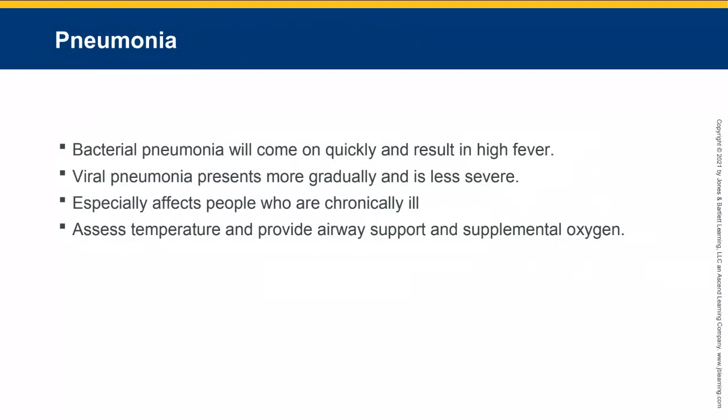Now, pneumonia. Pneumonia is basically not necessarily a bacteria. It can be bacteria, it can be viral, it can be fungus, but the issue is the patient has a lung infection, right? So bacterial pneumonia will come on quickly and result in a high fever. Viral pneumonia presents more gradually and is less severe.